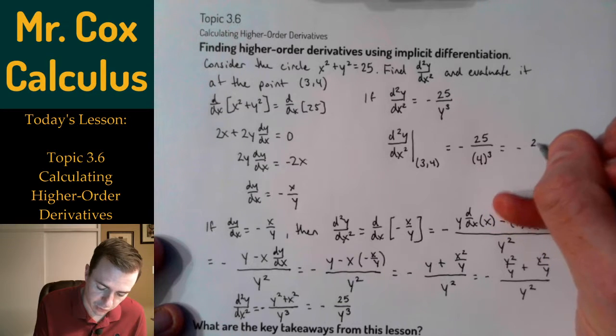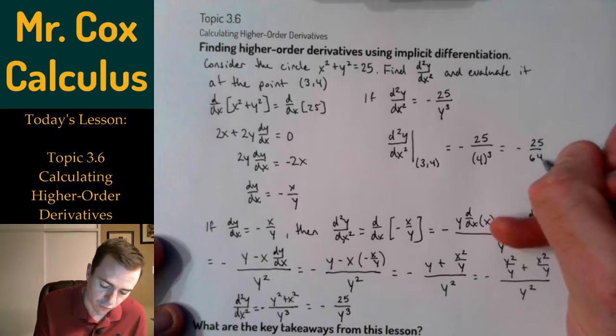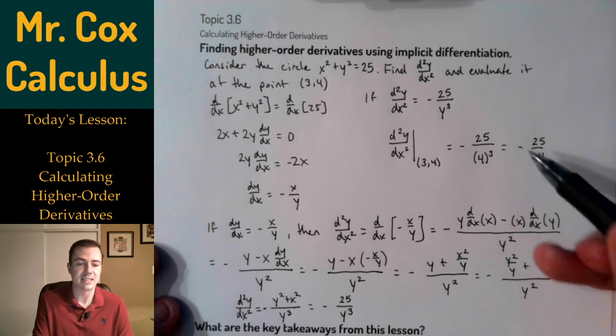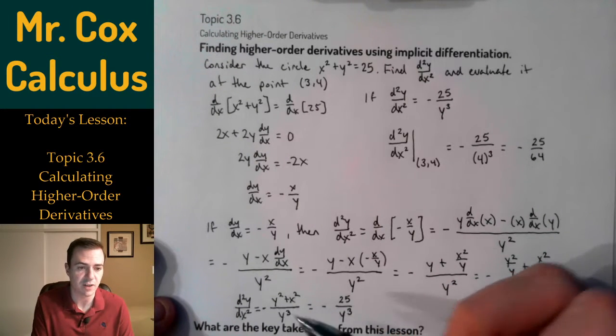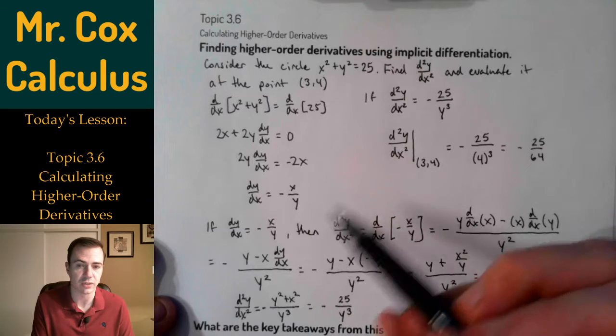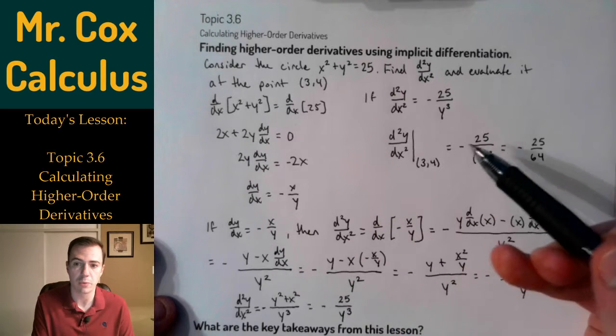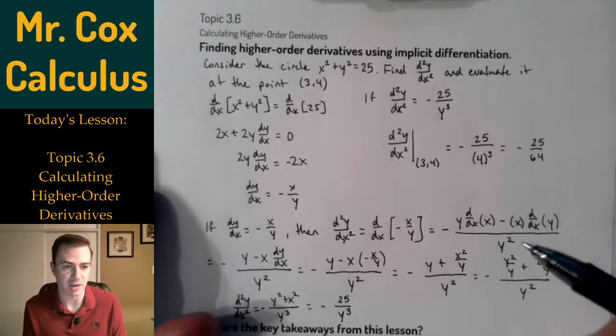So this ends up equaling negative 25 over 64. By the way, that's the same answer we would have gotten if we had not made this substitution for 25. We just would have had to actually plug in 3 and 4. We would have still got 25, but it was just kind of a shortcut for us.